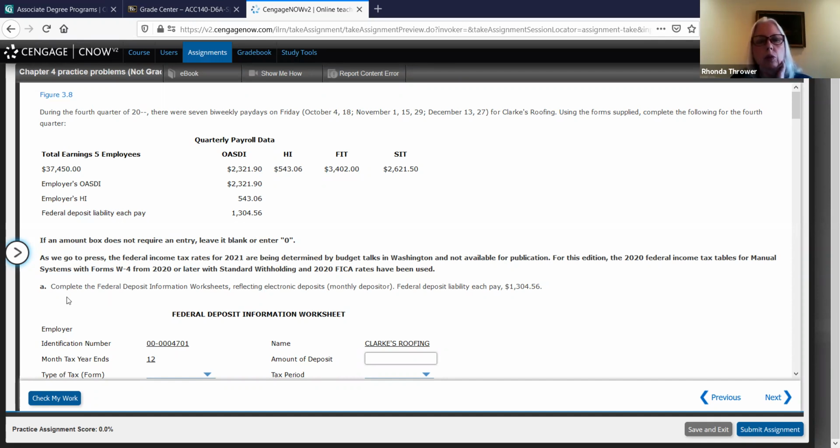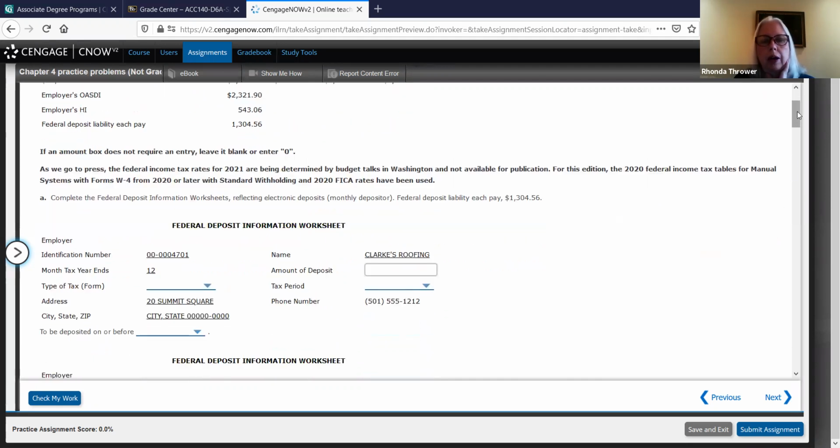What we are to do is complete the federal deposit information worksheets reflecting electronic deposits for a monthly depositor. The federal deposit liability each pay, again, is $1,304.56. So this is just a worksheet that an employer might prepare.